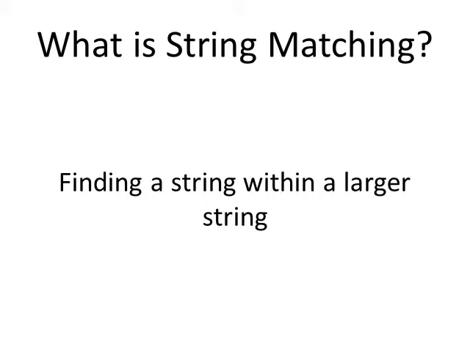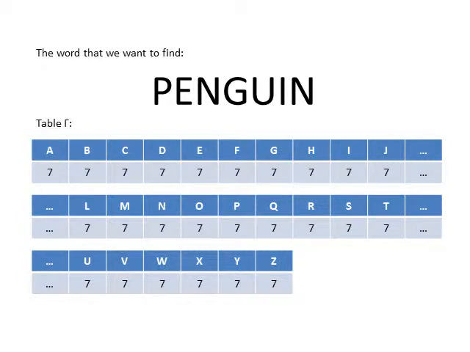So let's get started. First of all, we're gonna need to make an alphabet table, and this alphabet table will be used in order to skip a certain number of letters in the string, which we shall show later on.